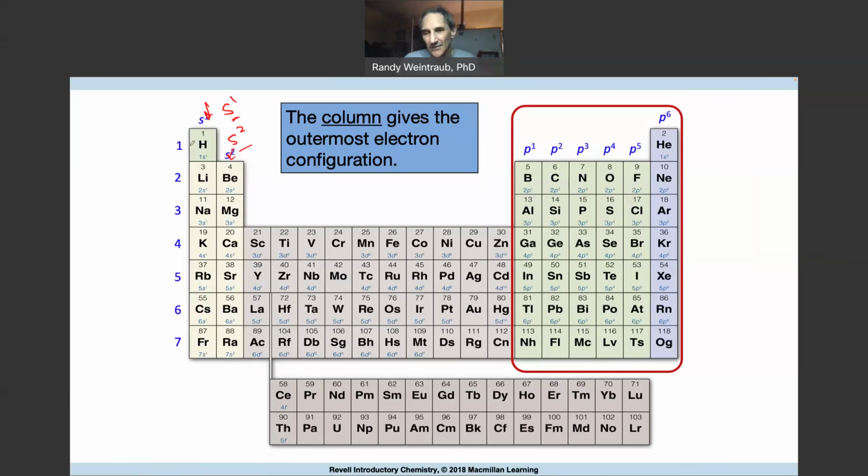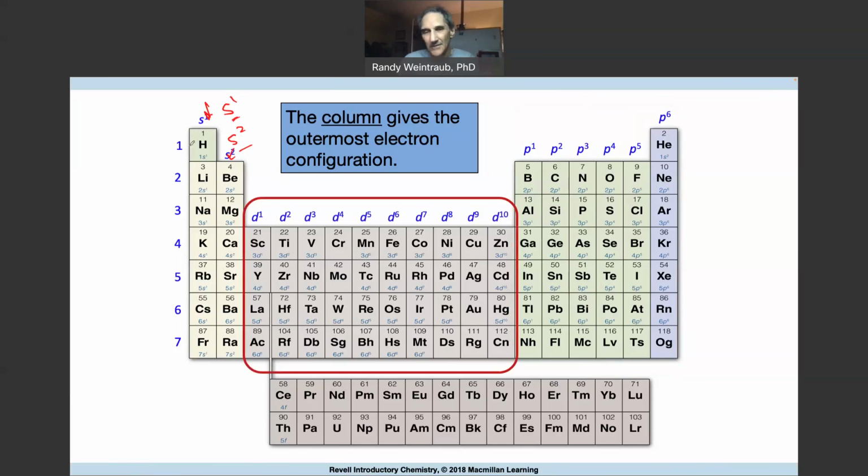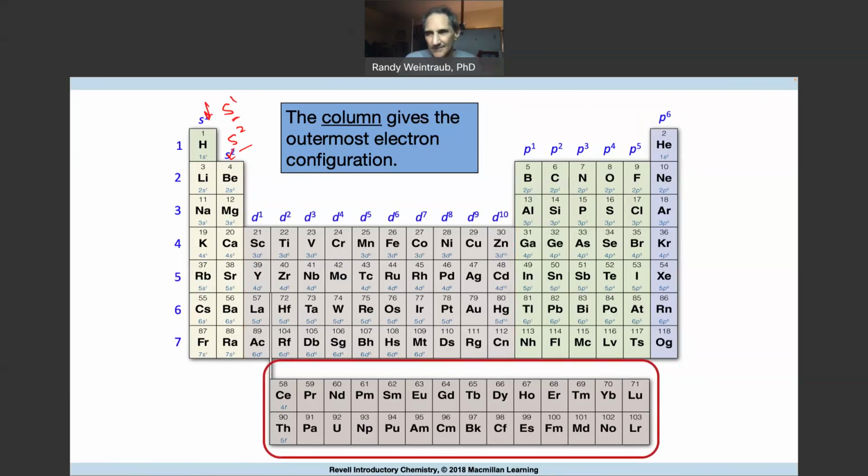The transition metals in the middle of the periodic table have outer electron configurations consisting of d1 through d10. The inner transition metals, very large atoms, have outer electron configurations corresponding to f1 through f14.